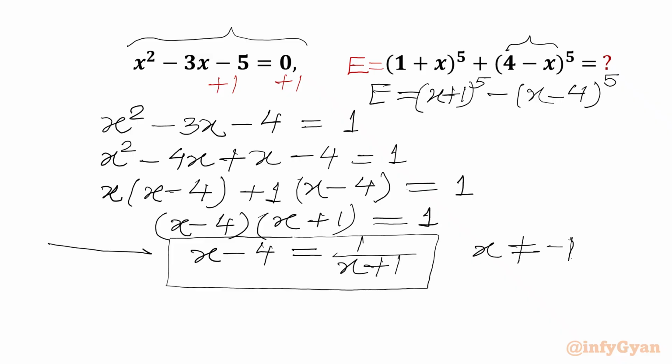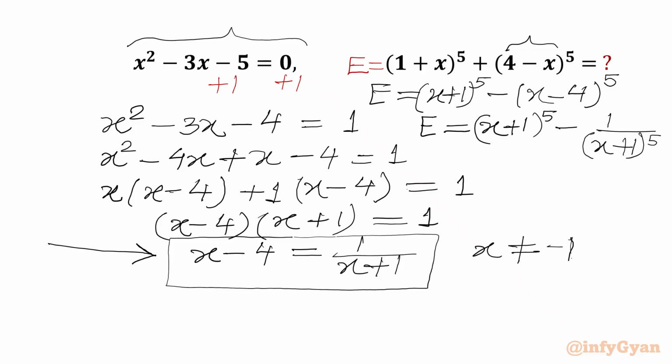Now x - 4 is 1 over x + 1. So I can write required expression E equal to (x + 1)^5 minus (1 over x + 1)^5.